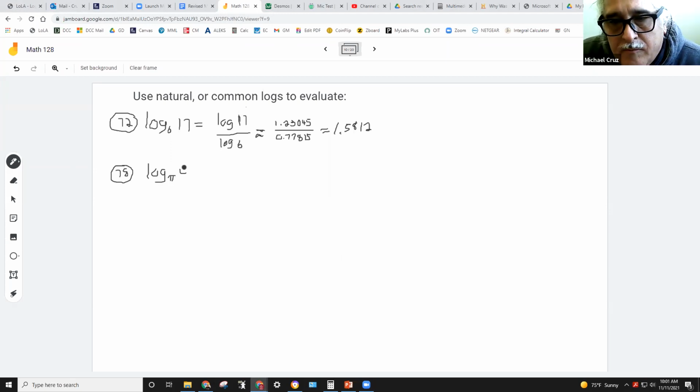I wanted to use this one because remember pi is an irrational number, just like the natural logarithm, and you could use the common logarithm, it's still going to work, but I'm going to use the natural logarithm here.